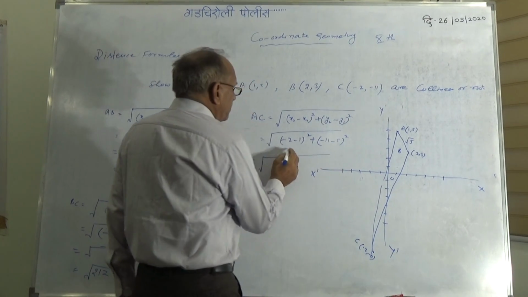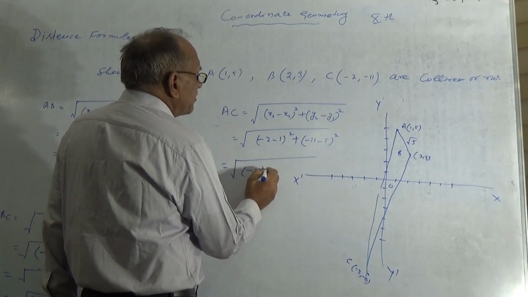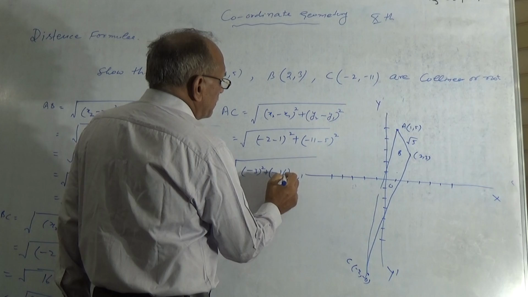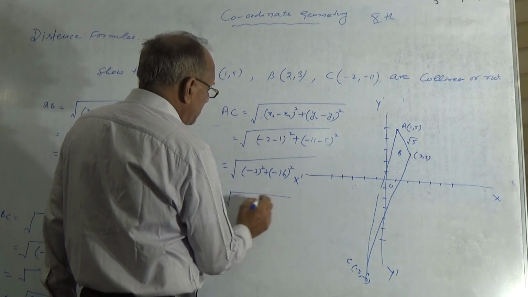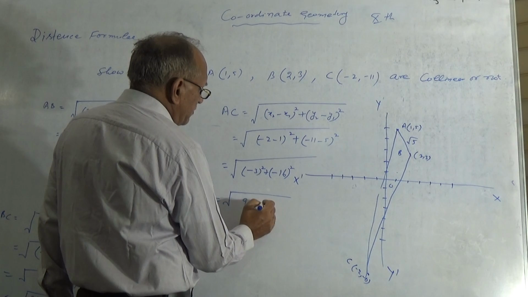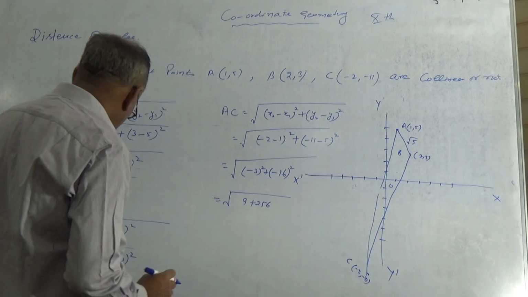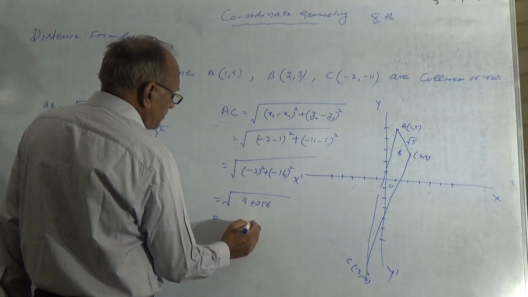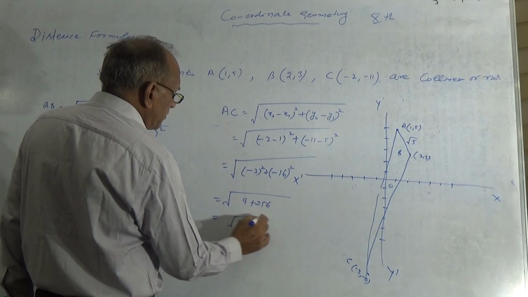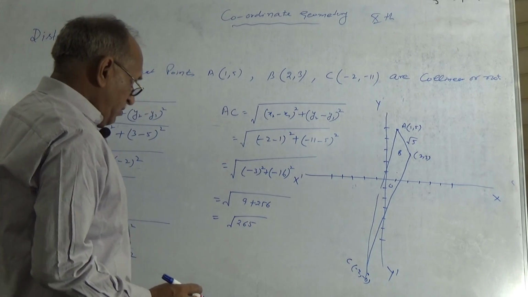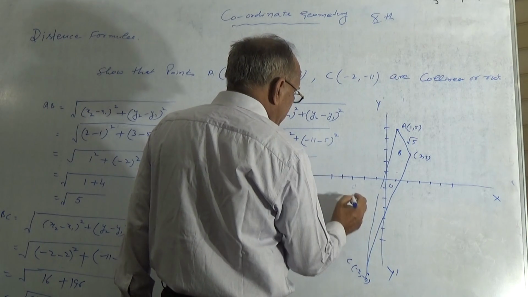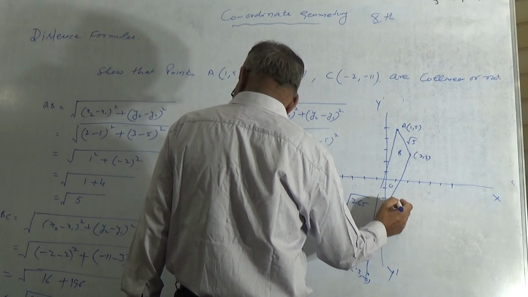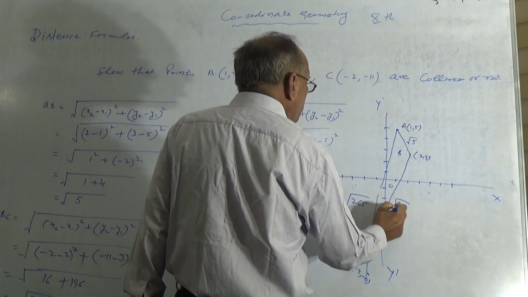Again, (-3) square plus (-16) square, that is 9 plus 256, adding 265. The value of AC is square root of 265. The value of BC is square root of 212.